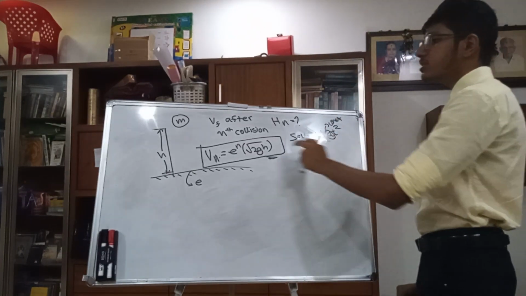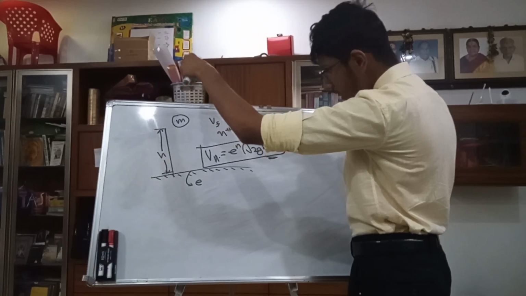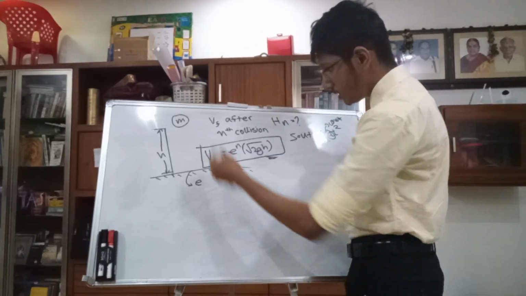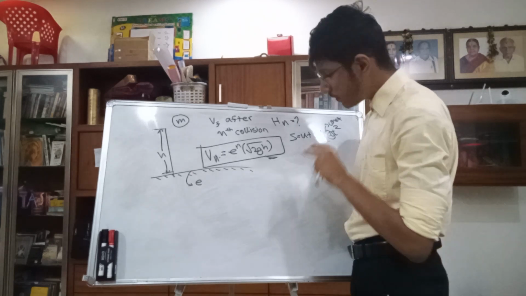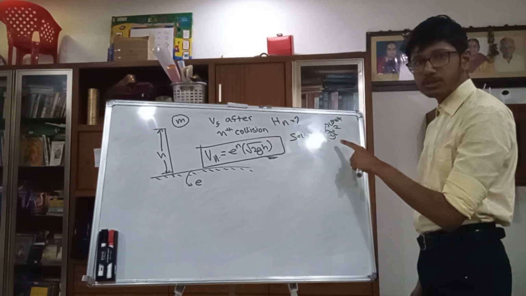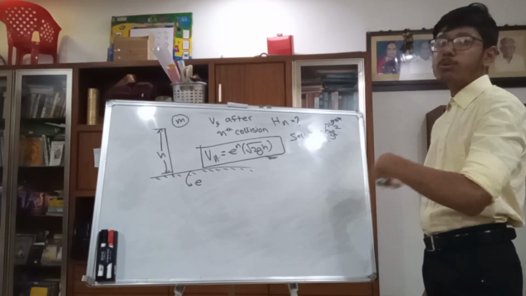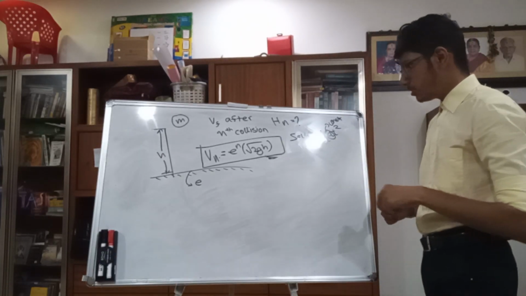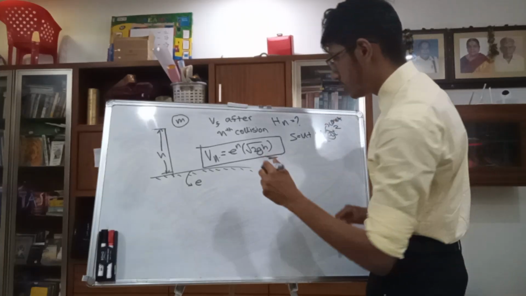But here acceleration is constant at every instant. Only g acts, which is downwards every time. So I can use this direct formula, or else I need to go for integration. You should not blindly believe all formulas.